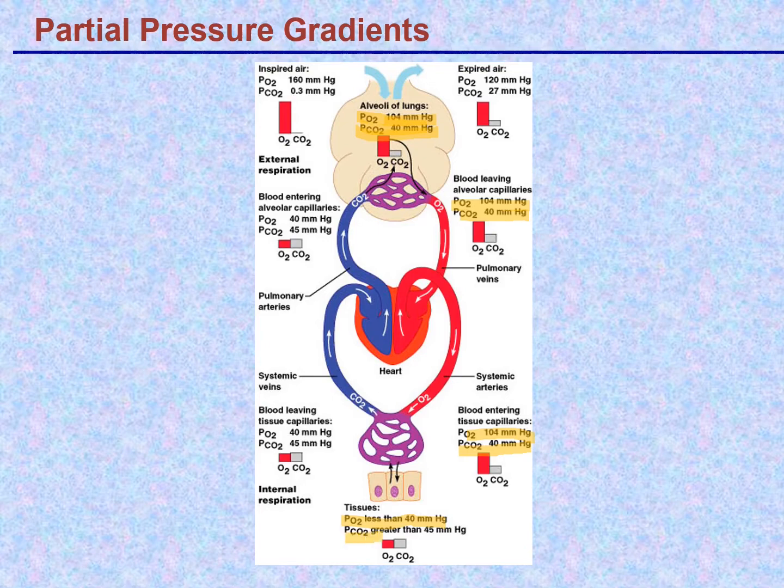PCO2 will be 45 or greater because there's a movement of CO2 from the cells, the tissue, into the blood. And then it travels at these concentrations back to the heart and gets pumped up to the lungs, PO2 40 and PCO2 45.